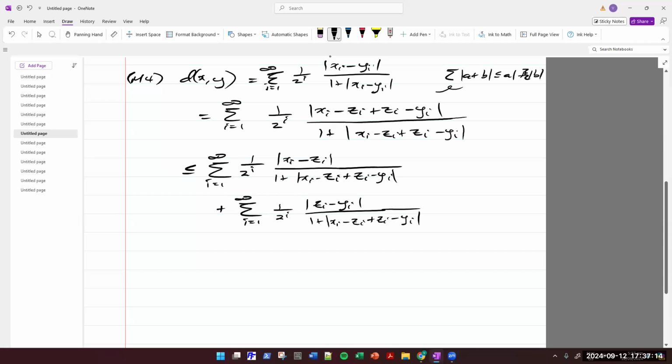If I look at this term here, it's x and z, but in the denominator I have stuff with y. So I need to get rid of that stuff with y.